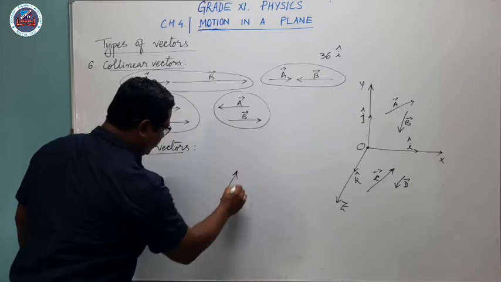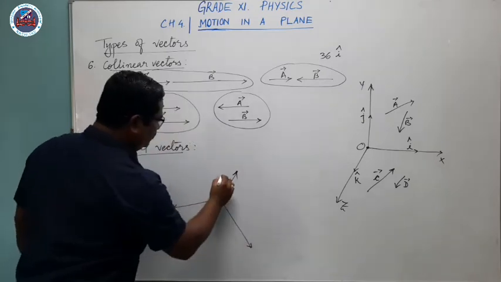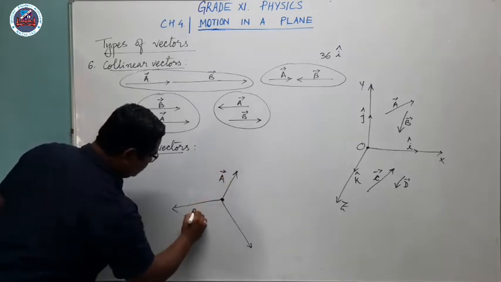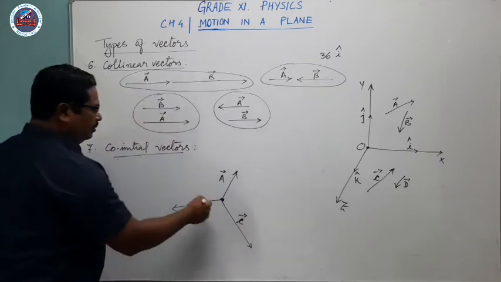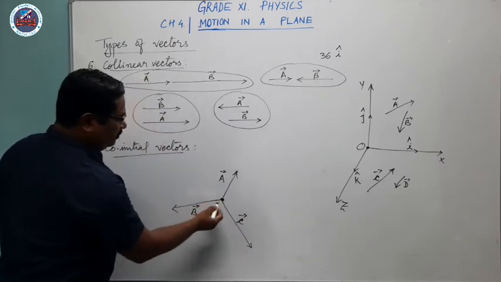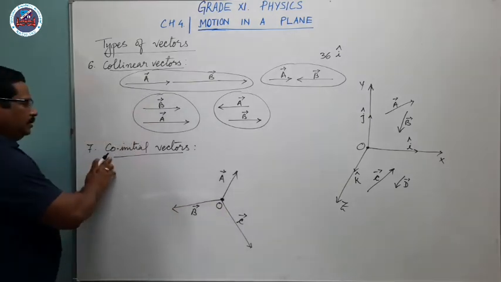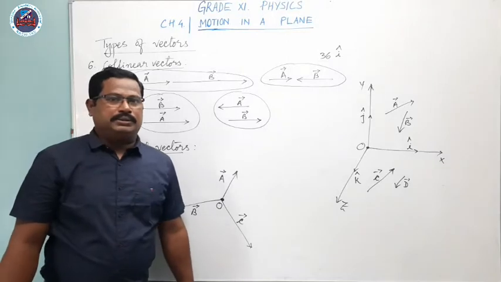If all the vectors are starting from the same point, then they are said to be coinitial. This is A, B, and this is C. So as all of them, vector A, vector B, vector C, all are starting from the same point, the vectors will be called coinitial vectors.